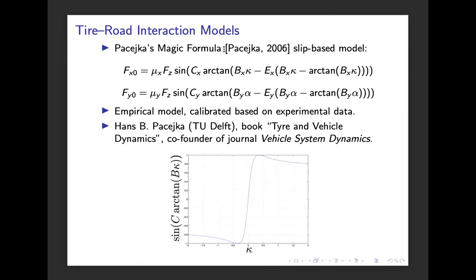The origin of the name magic is that it's an empirical, or at least semi-empirical, model that covers the experimental data in a very good way.